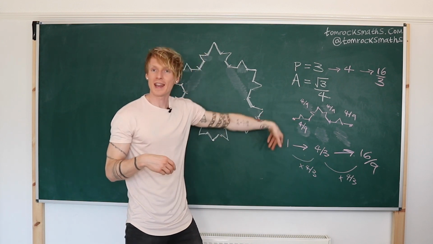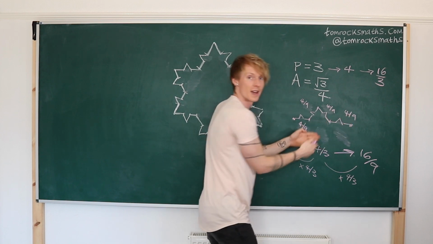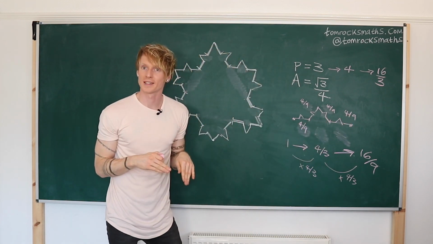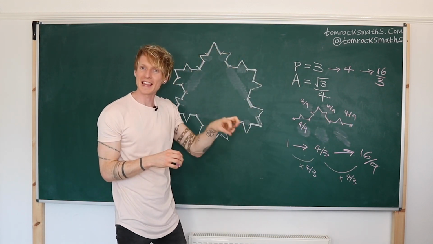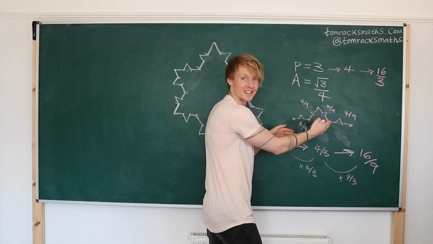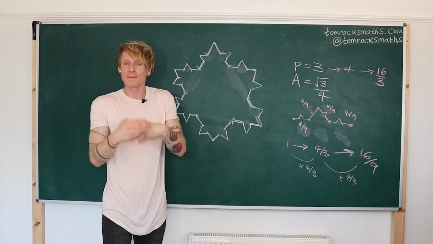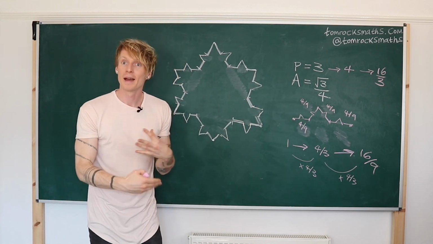And then all we do in the next step is take each of these individual segments and repeat the same process. So because we're doing the same thing, the fact that we know what happens in the very first instance, 1 goes to 4/3, in fact means the same thing will happen at every step beyond that.